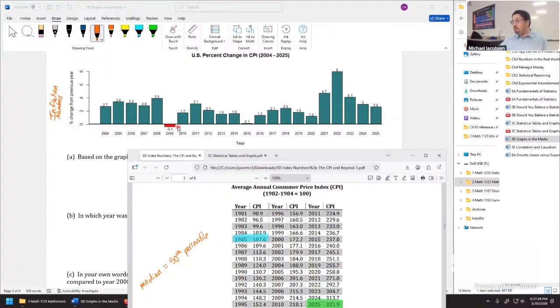And there's other weird things that happen. Notice that there's one negative value, so this bar goes down below. We now have more dimensionality to our bar charts if we allow that to happen to convey that negative value. This was in 2009, during the year of the global financial crisis, the housing bubble.